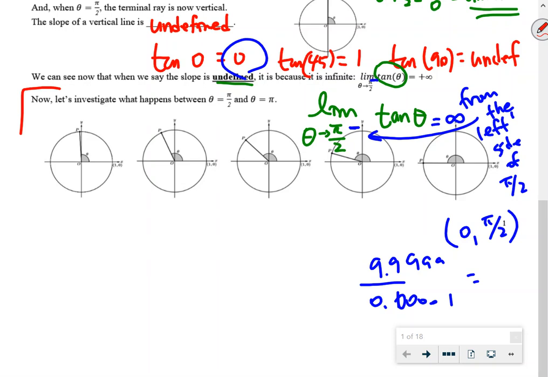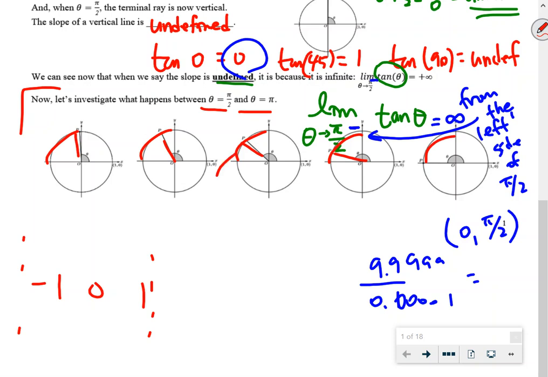Let me move on to the second quadrant. So pi over 2 to pi, second quadrant, meaning these are all second quadrant. You see these numbers keep changing, right? But when you remember this, you will see the pattern of the tangent graph.